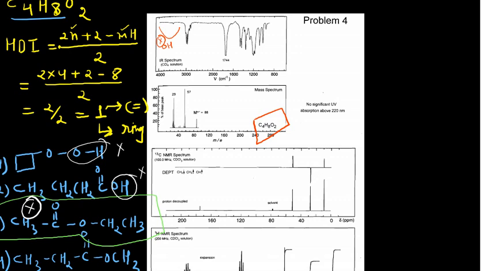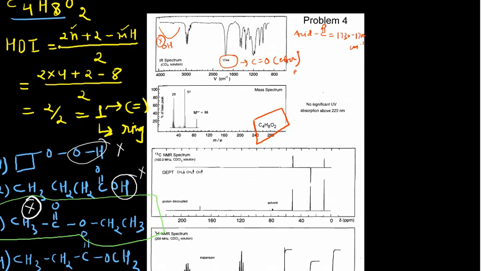And one very important conclusion which you can make from here: this frequency 1744 corresponds to the carbonyl group, which belongs to the ester. How? I already told you, when you have an acid, the carbonyl stretching frequency is definitely from 1730 to 1700 centimeter inverse.